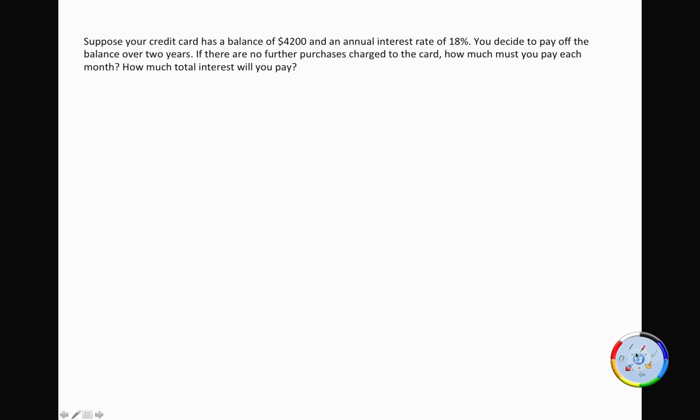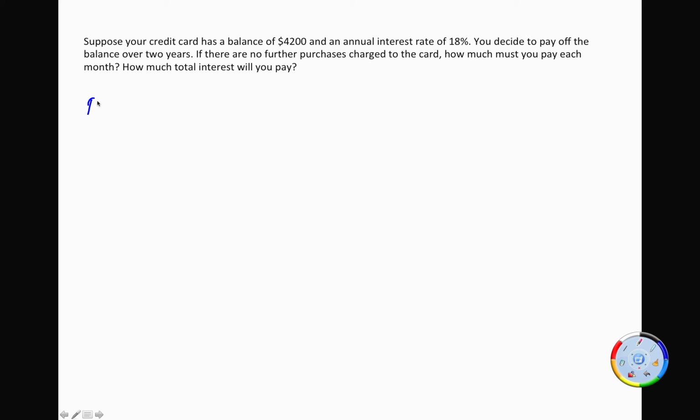Okay, suppose your credit card has a balance of $4,200 and an annual interest rate of 18%. You decide to pay off the balance over 2 years. If there are no further purchases charged to the card, how much must you pay each month? How much total interest will you pay? Okay, if there are no further purchases charged to the card, then I don't have to go through what we did on the previous question to figure out how much I owe.